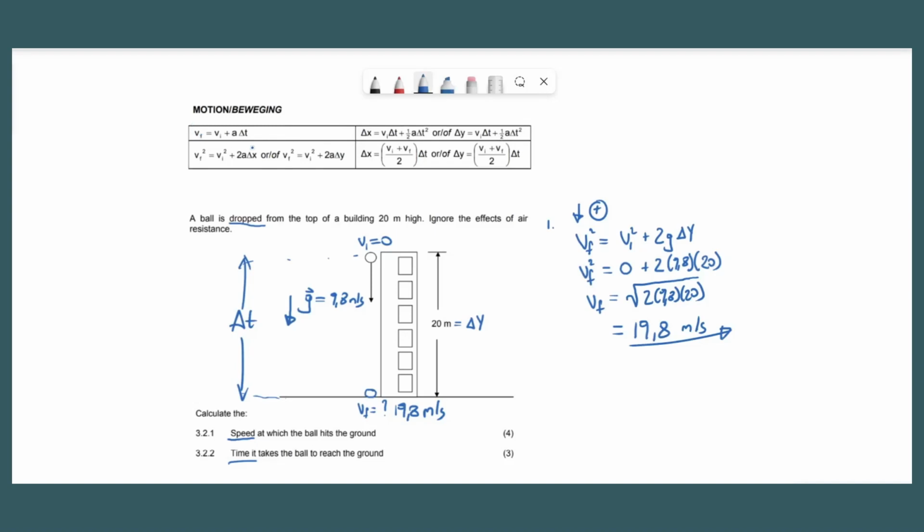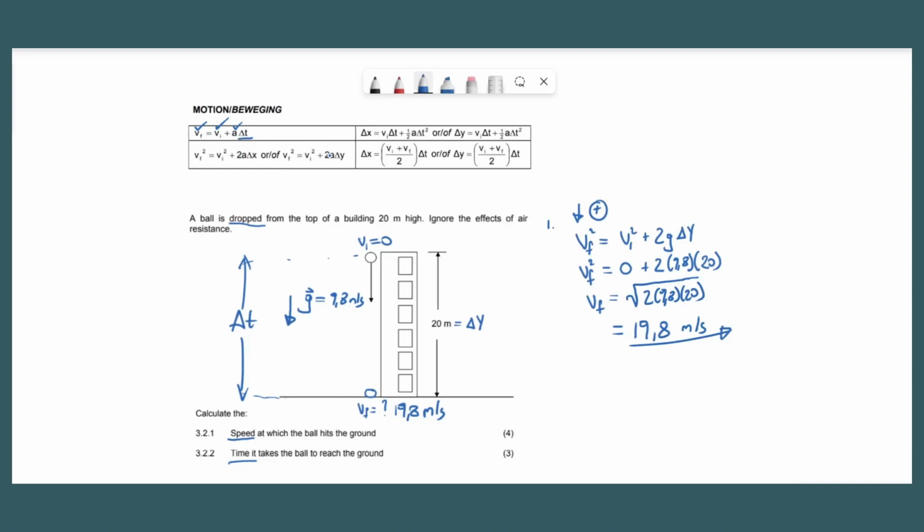We can start by looking at the first equation here, and immediately you can see that this would be a good formula to use because we do have the final velocity of the ball, we do have the initial velocity of the ball, we also have the acceleration of the ball, and we can solve for the change in time. So this is a good formula, easy and simple, that you can use.